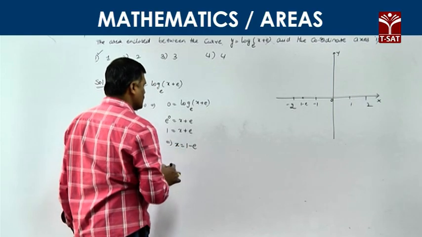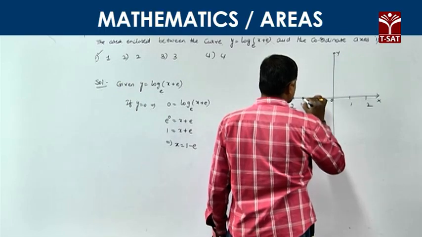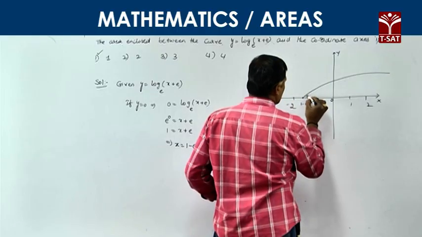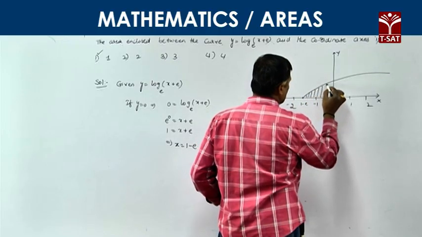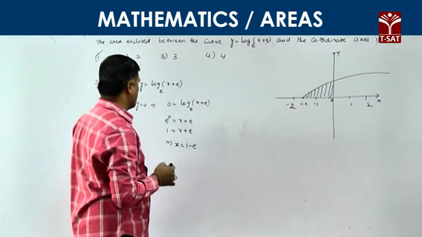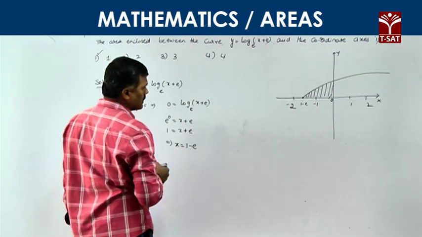Therefore, the curve is like this, x is equal to 1 minus e, and the region is from 1 minus e to 0.